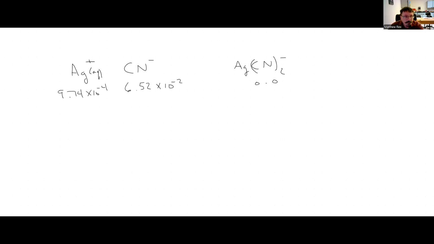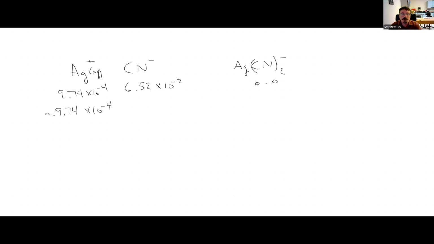All right. So because we're going to have a really large K sub F, a really high likelihood of forming that complex, we can assume that we're pretty much going to complex almost all of that silver away. So then we can determine how much cyanide we think we're going to use.